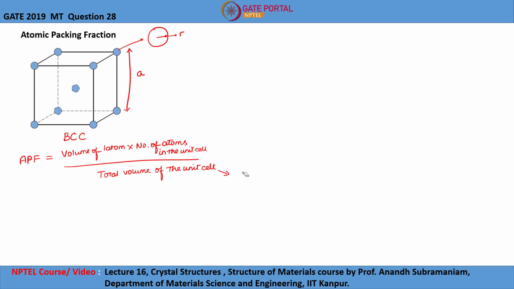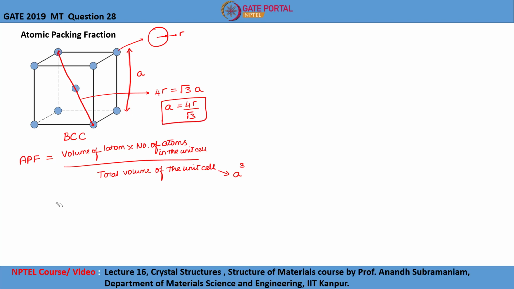So this total volume of unit cell will be a cube, and as I already told, the atoms will be touching each other along the body diagonal in BCC. This length will be equal to 4 times the radius of the atom, which is also equal to root 3 times the lattice parameter a. So the lattice parameter can be written as 4 times the radius divided by root 3.